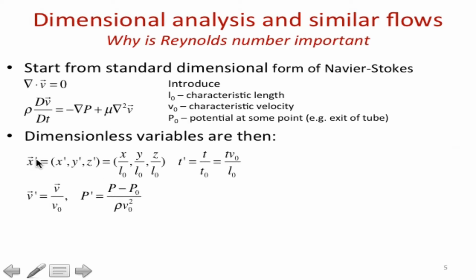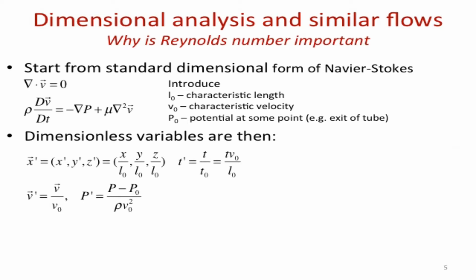So my x prime vector will become xyz divided by L0, okay? Time, I introduced a characteristic time: t prime is t over t0, and basically I can get t0 by comparing characteristic velocity and characteristic length, or rather dividing them. Okay? So my t0 is L0 over V0, so you will get this relationship.